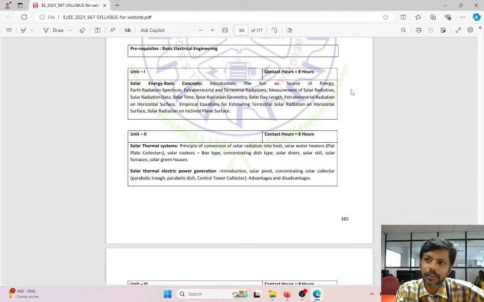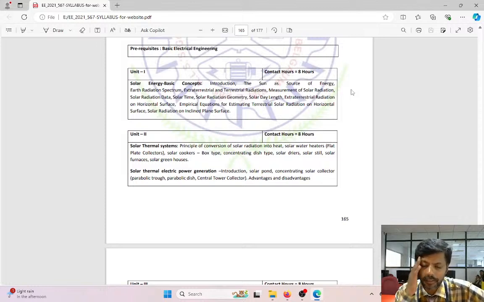Basically solar means we convert light energy into electrical energy, so how much light we receive, and then the solar geometry. Also a few problems related to that, and the measuring instruments of solar irradiation. All these we are going to discuss in the first unit.